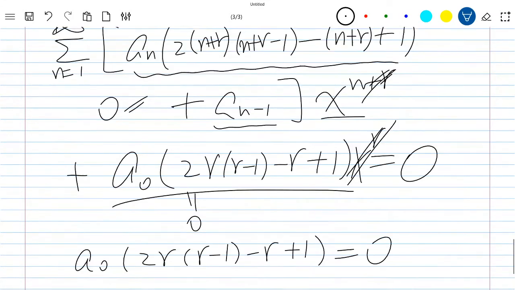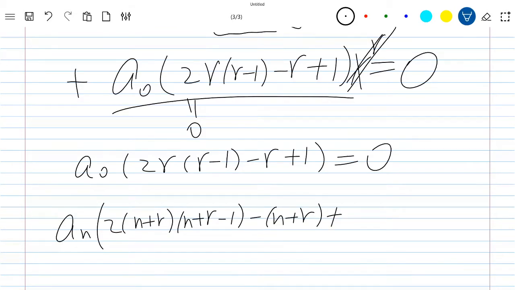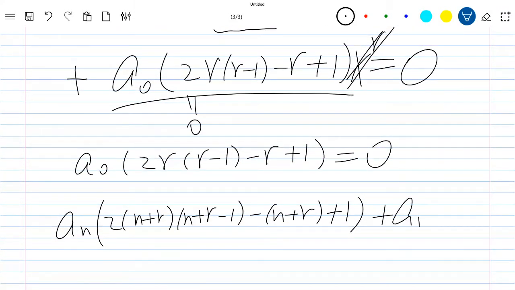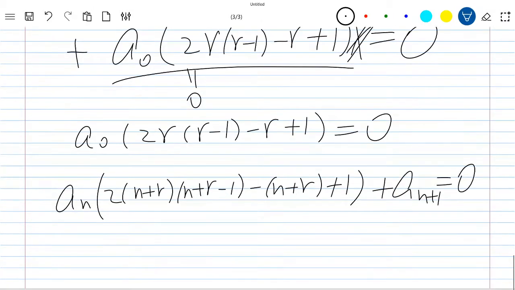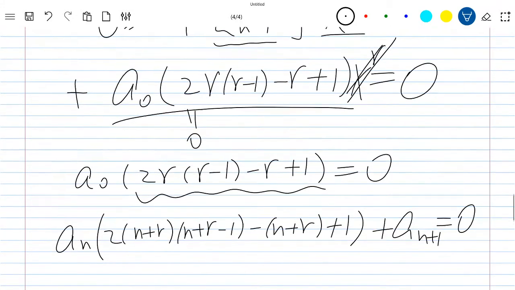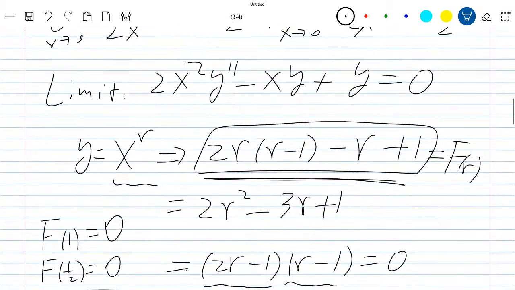And then you have the next term, an times 2 n plus r times n plus r minus 1 minus n plus r plus 1, plus an minus 1 equals 0. Okay, this looks very complicated, but do you remember this term? 2r times r minus 1 minus r plus 1. That's exactly our f of r.